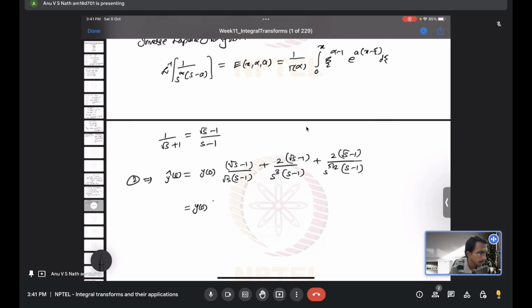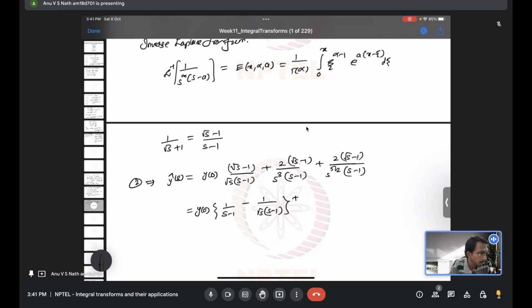So now we'll expand the terms. The first term will be 1 by s minus 1. The second term will be 1 by root s into s minus 1. Now this one, 2 into 1 by s raised to 3 by 2, s minus 1, minus 1 by s raised to 3 s minus 1.